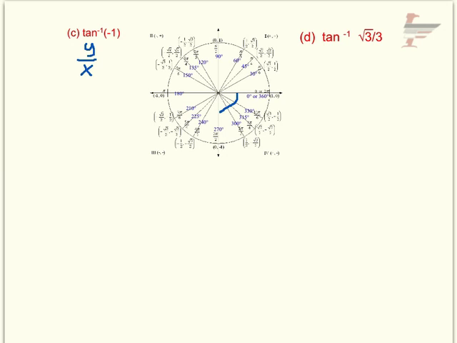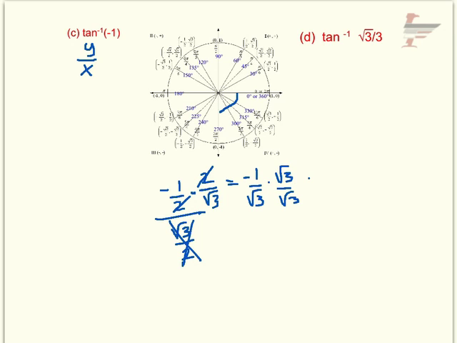So here, y divided by x would be negative 1/2 divided by the square root of 3 over 2. That really means multiply by the reciprocal. So I'm going to multiply by that reciprocal. And then I have negative 1 over the square root of 3, but I'll rationalize and get the square root of 3 over 3. And that's negative. So negative square root of 3 over 3 would be the tangent of 11 pi over 6. Well, that's not what I want. I want it to be negative 1.